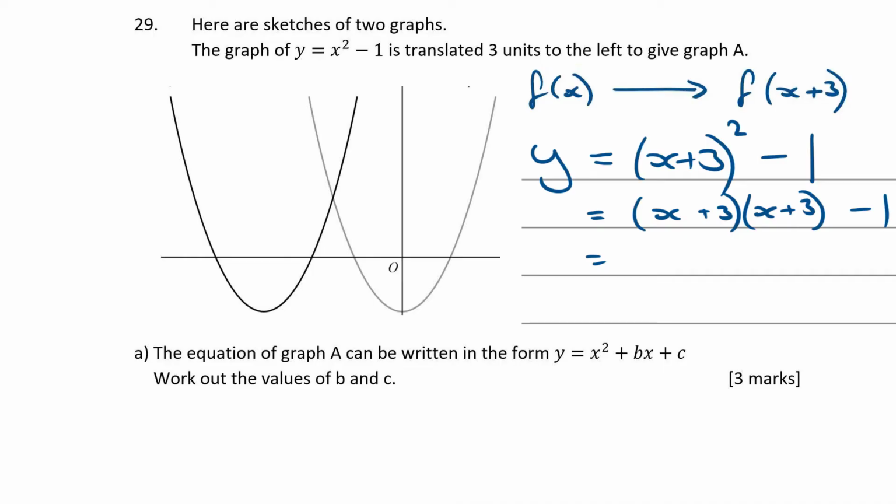So you get your first term squared, you get your two terms multiplied together and doubled, which is 6x, and then you get your last term squared, 9. So I get x squared plus 6x plus 9, and then I've got my minus 1 from before, which gives me x squared plus 6x plus 8. So comparing that with the form at the top, x squared plus bx plus c, b is 6 then, and c is 8.